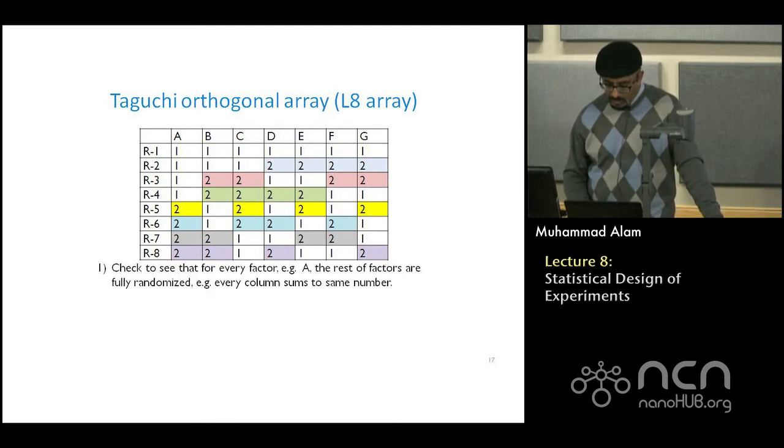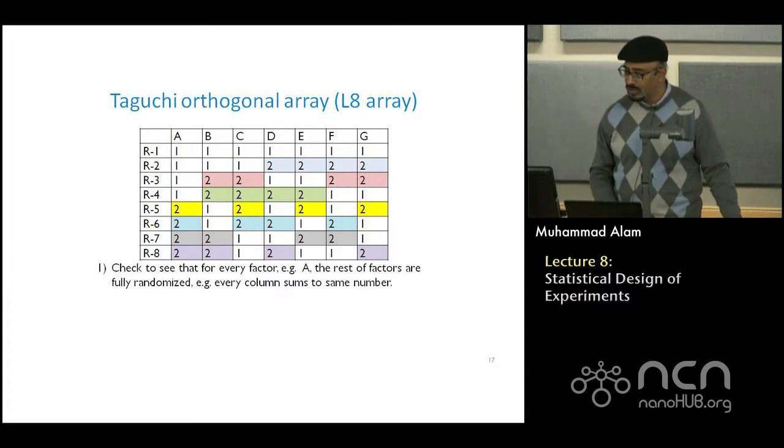If you do that, what you will notice is that this is completely balanced. If you look at the output, then if you want to know the effect of A, you can take all these variables and average them, because in that case everything is flipping between 1 and 2.